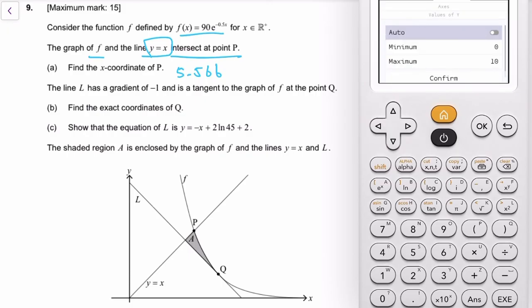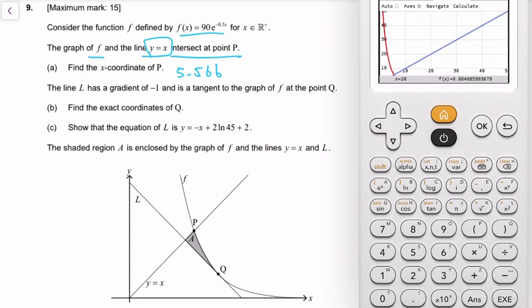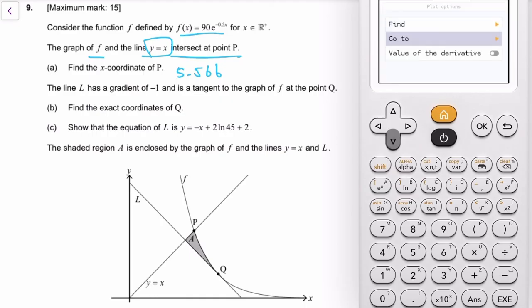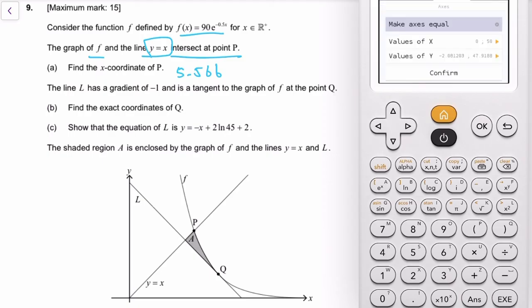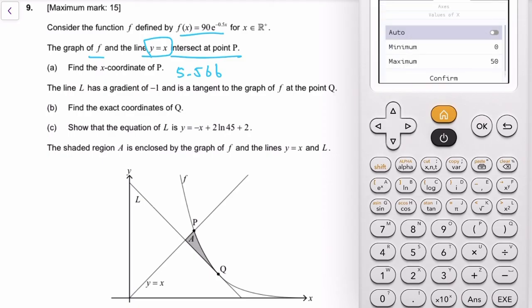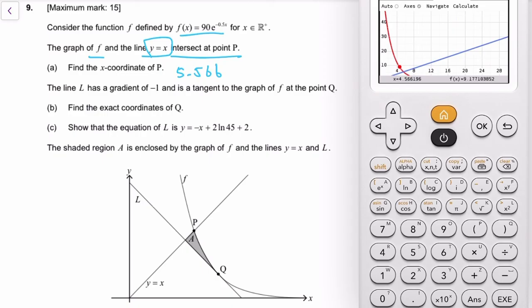This also goes to 50. That's worse. Maybe 30. I think that's good enough.